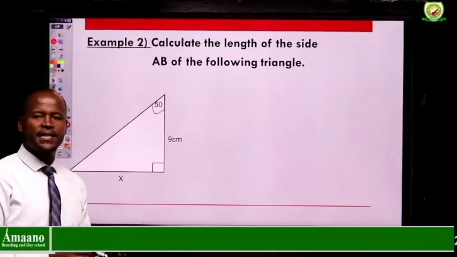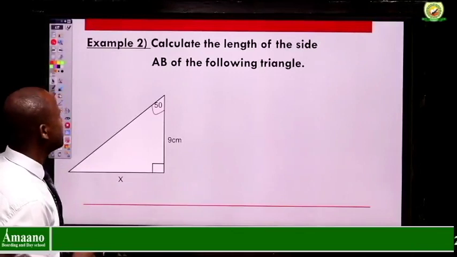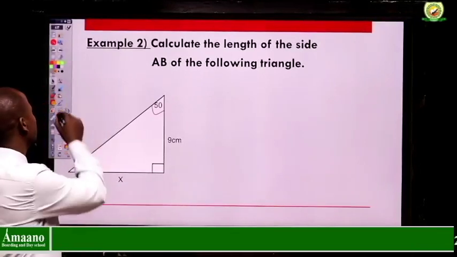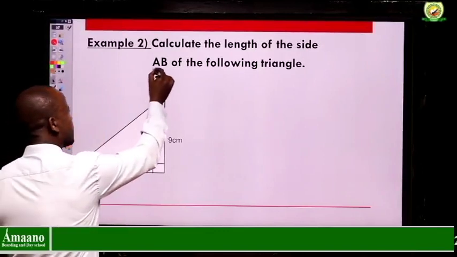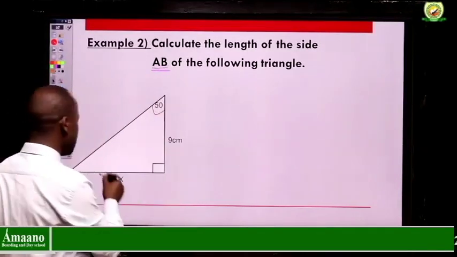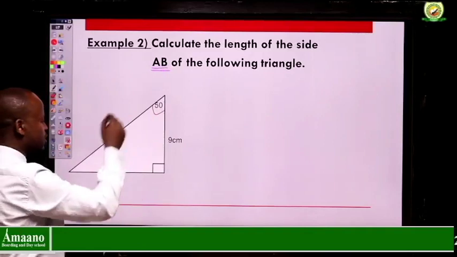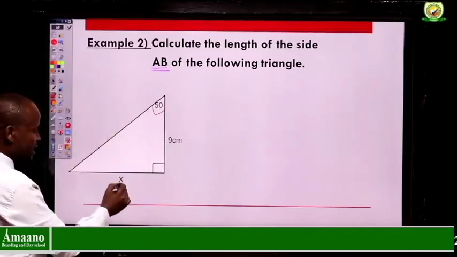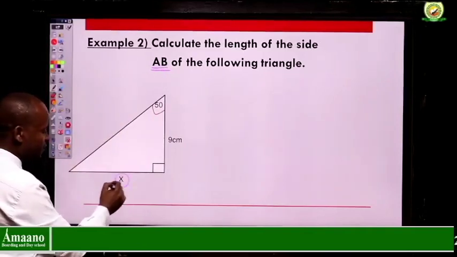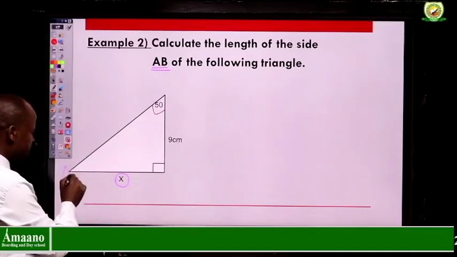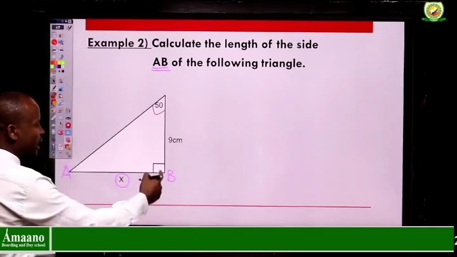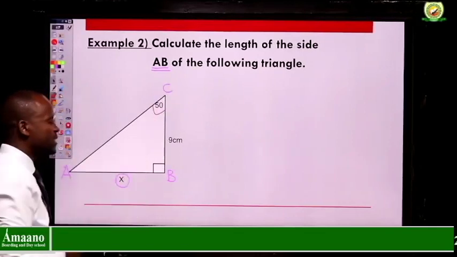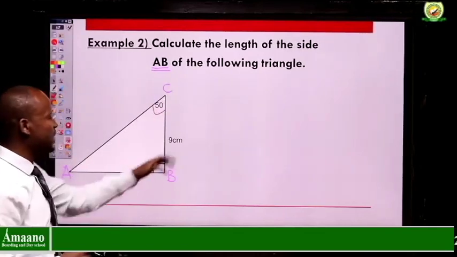Okay, now let us see the second example, example 2. In this example, we are asked to calculate the length of side AB. Actually, A, B, C are not given, but here we have X, which is the unknown part, given by AB, and you can name this vertex C, so this triangle is ABC.